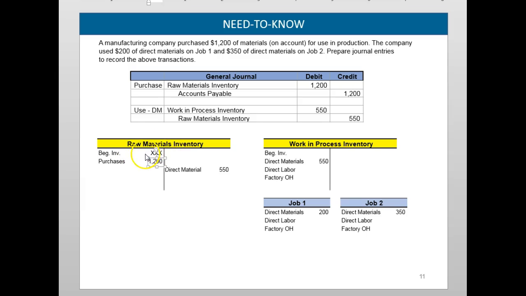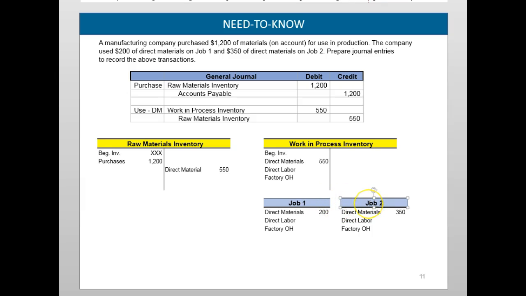You did not have a beginning balance, so we purchased $1,200. Then we distributed $550 worth of direct material, and that went right into the work in process. You can see right here. That $550 was made up of job 1 and job 2, and that would be applied to the cards.